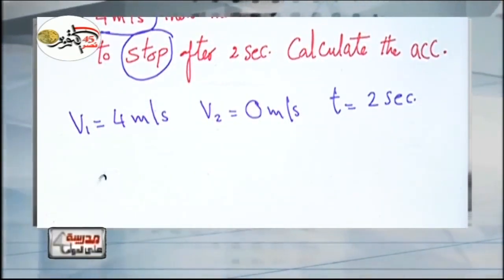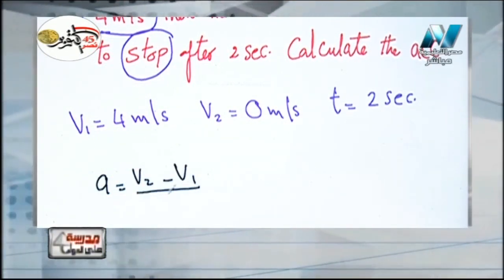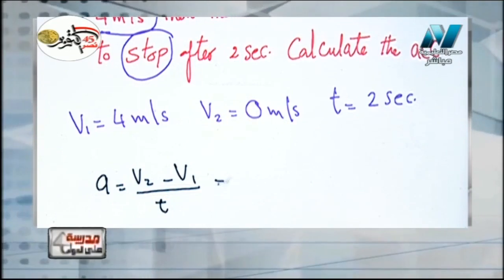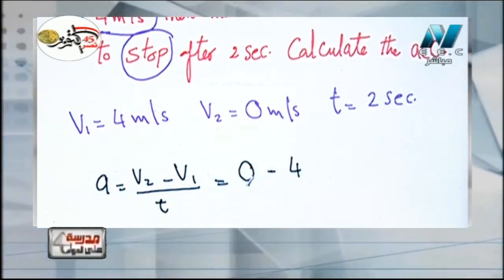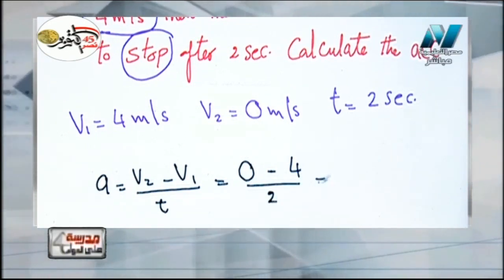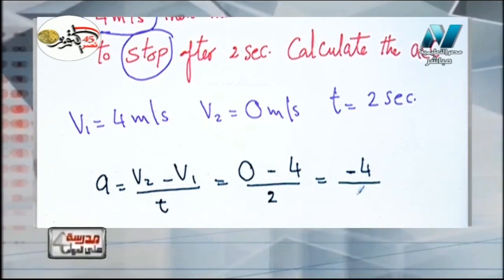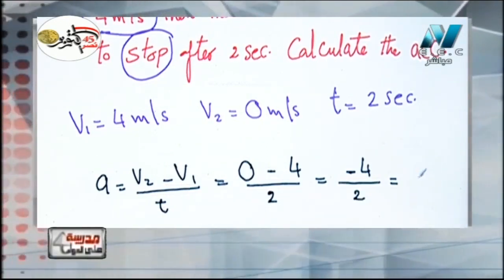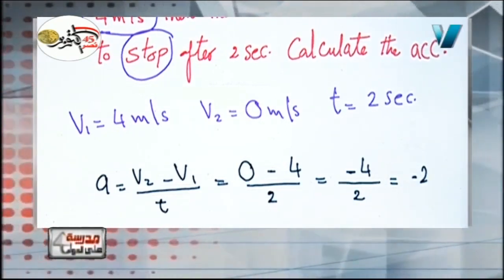هنكتب A equal V2 minus V1 over what? Over T. So 0 minus 4 over 2. So we have negative 4, 0 minus 4, يبقى negative 4 over 2. So we have negative what? 2. Negative over positive, negative طبعا.